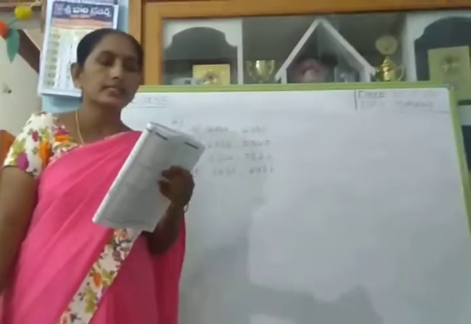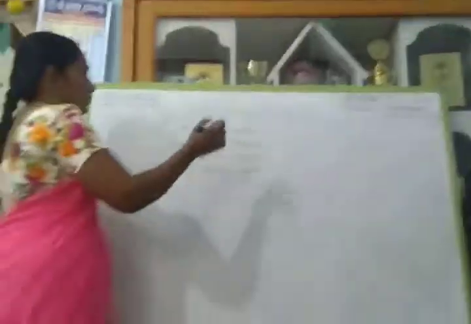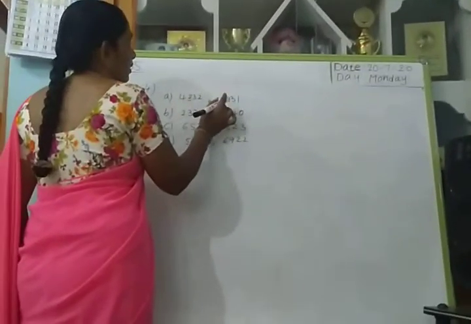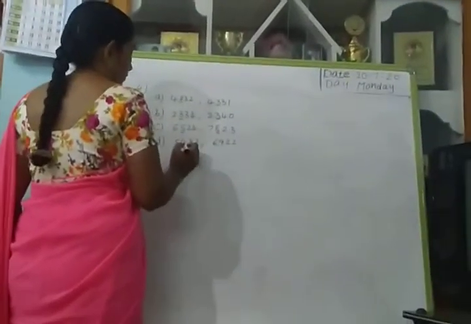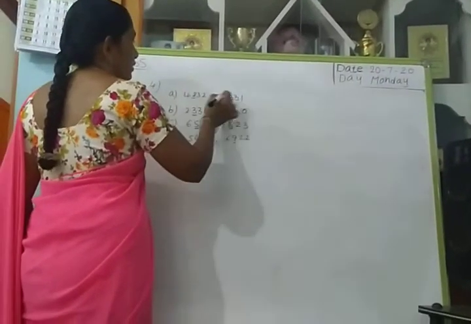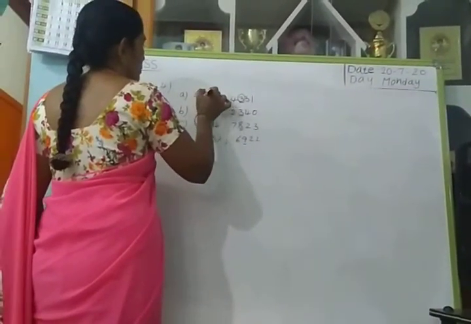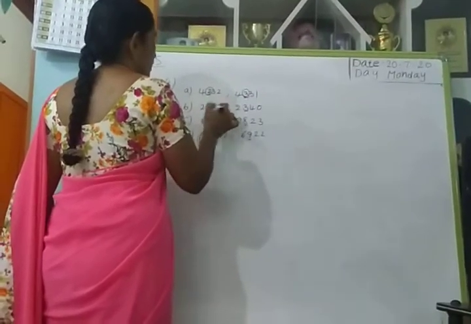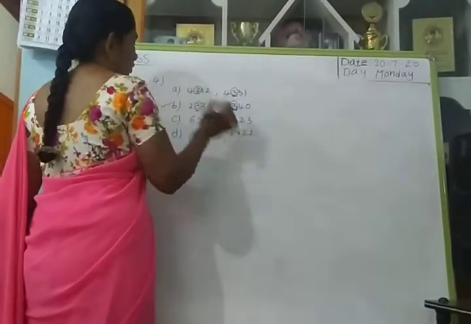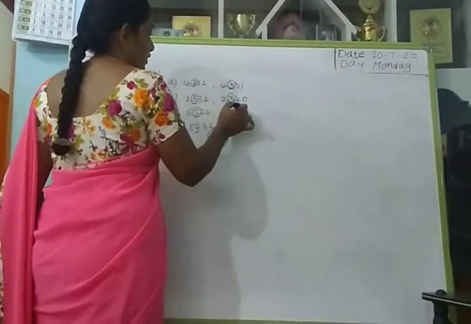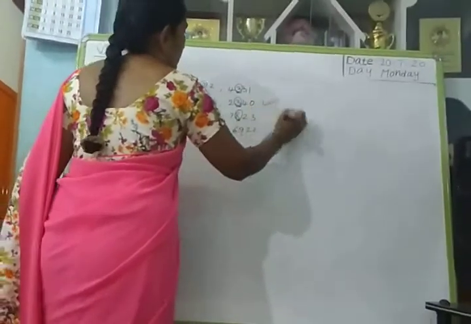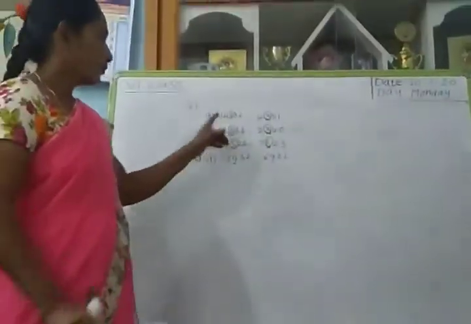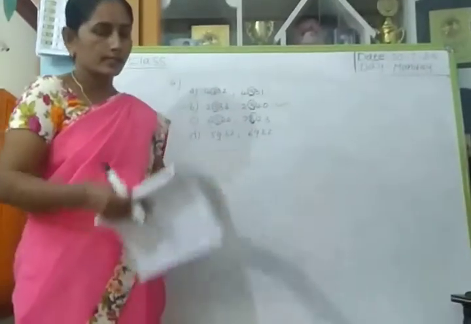So what they asked here is, which pair has the same digits at hundreds place? You have to see each number's hundreds place. In the first option the hundreds digits are 2 and 3. In the second option 3, 3, the same. Here hundreds place 5, here 8, not the same. Here 4, 9. So which option is correct? Option B, the given numbers have the same digit at hundreds place.